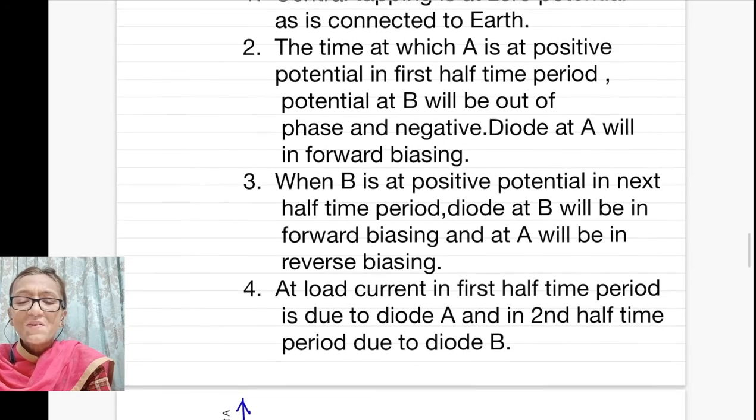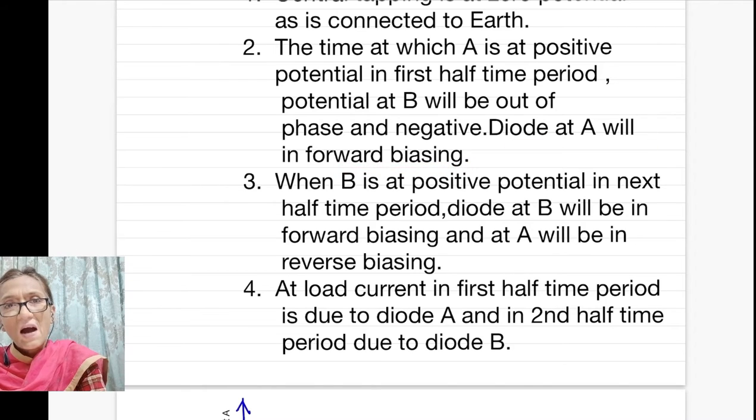A is positive in the first half time period. Then potential at B will be out of phase, just opposite, it will be negative. And the diode at A will be forward bias and only it can pass the current through it.